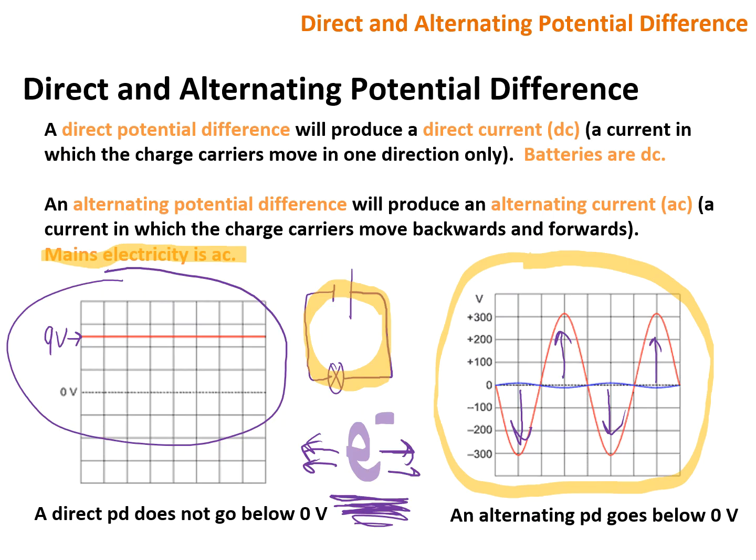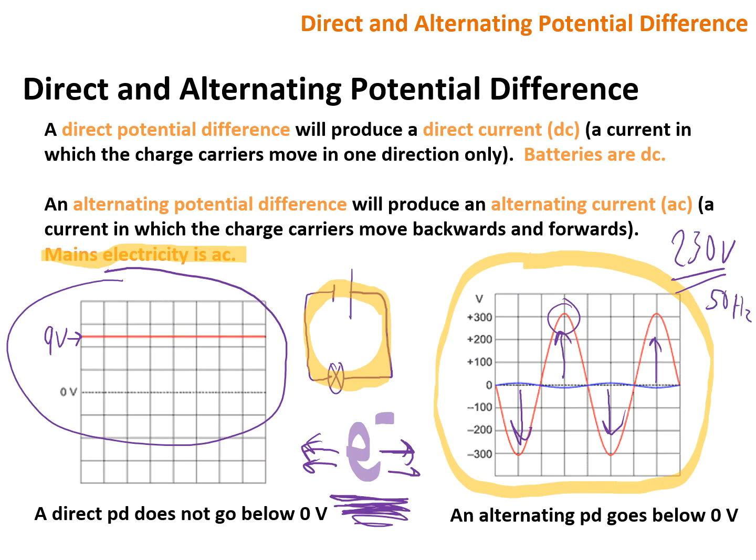And our electricity is set to, I mean this one on the graph shows 300 volts. Ours is set in this country to 230 volts for a potential difference. And it alternates 50 hertz.